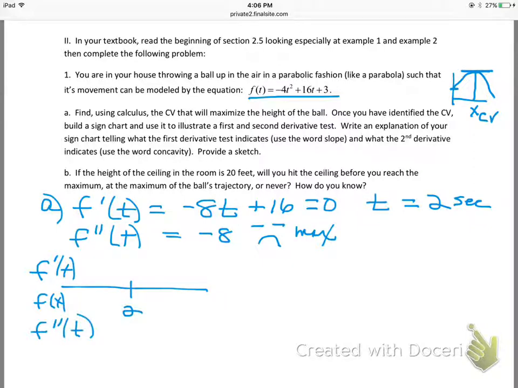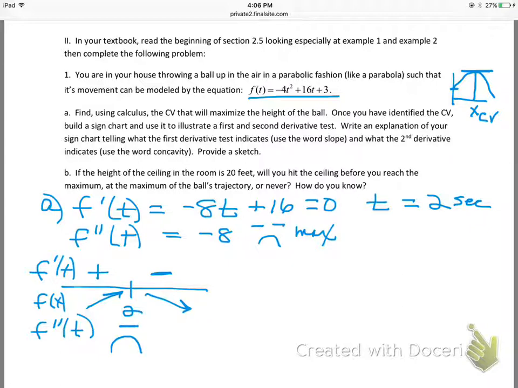If you take actually a value to the left of 2, so let's take 1 and plug it in your first derivative, you'll get negative 8 plus 16, which is positive. If you take 3 and plug it in, you'll get negative 24 plus 16, which is negative. Therefore, your function goes up and comes down. And if you test right at 2, you're going to find that you get a negative for your second derivative, and that looks like that. Okay, so that's my whole test.